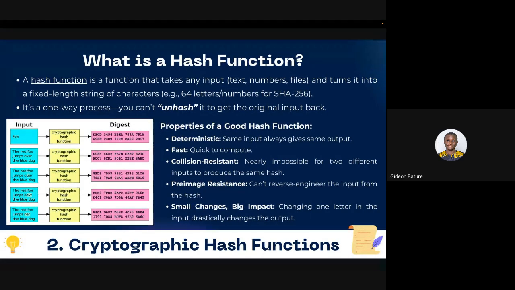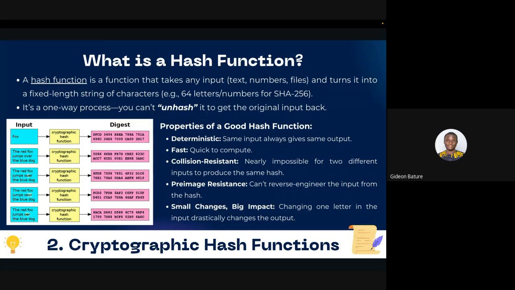So what I will say is that it takes whatever you give it and turns it into a fixed length string of characters. A string of characters includes letters from A to Z, both uppercase and lowercase, and also numbers from 0 to 9. Do we get it?